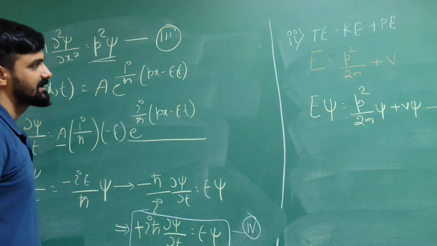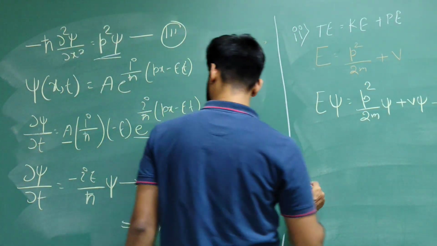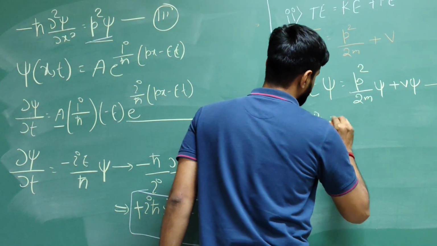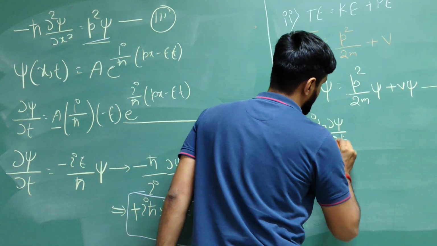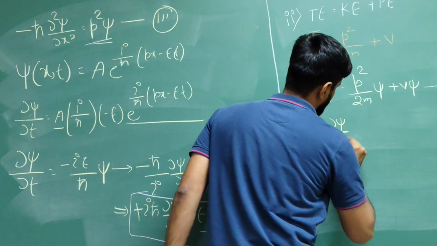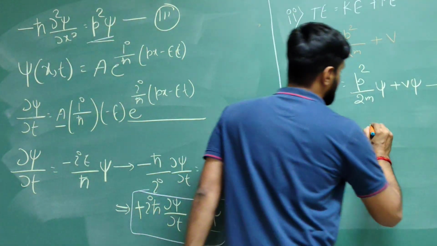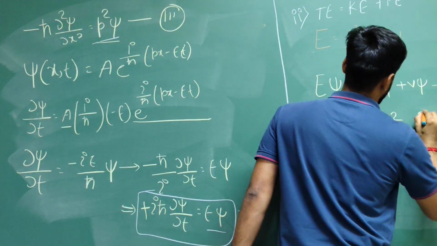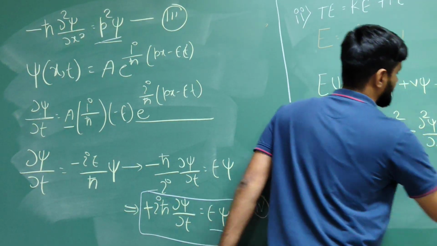Is that clear? So in equation 5, I'll substitute the value of p square psi and E psi, and let's see what will I get. I will be getting E psi equals i h squared del psi by del t, and p square by 2m is equal to minus h squared, so that will give minus h squared divided by 2m del 2 psi by del x squared plus V psi.